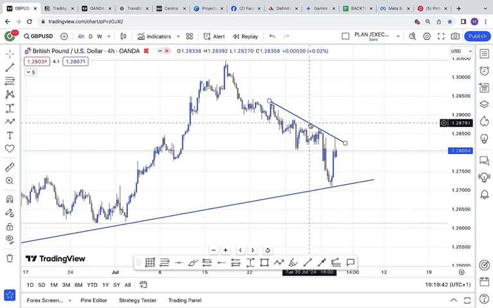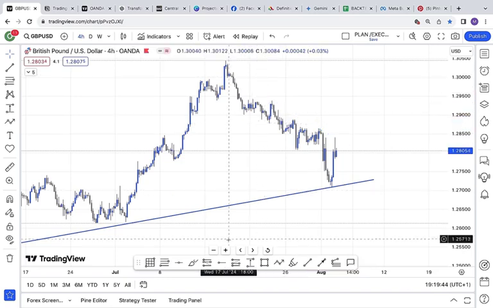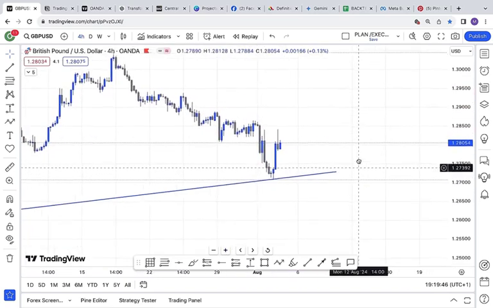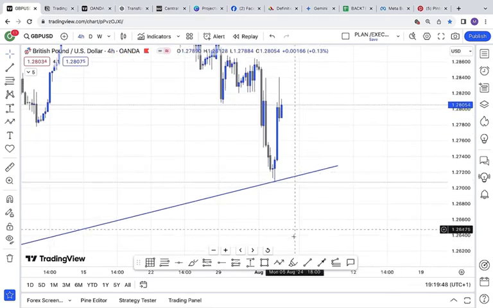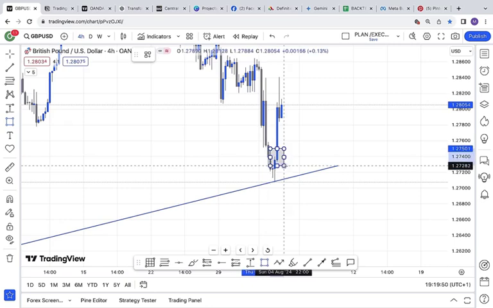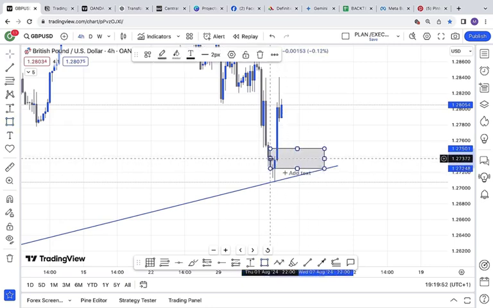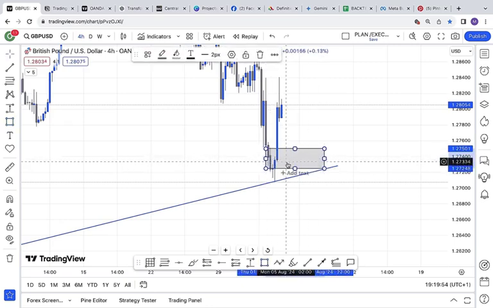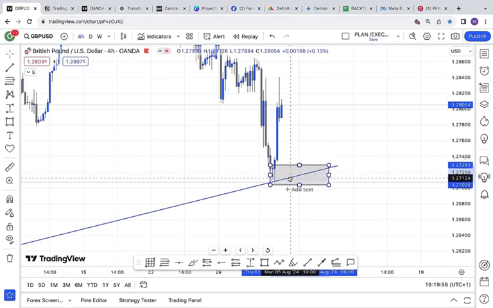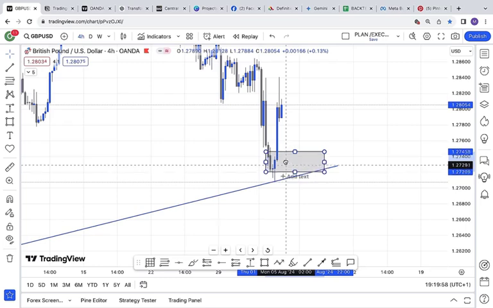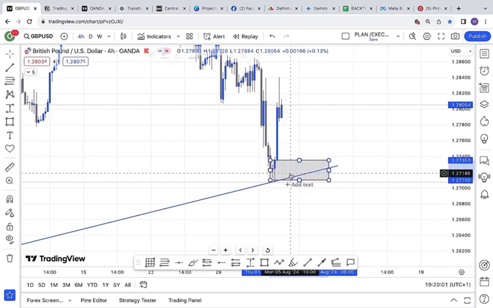On the GBPUSD, if we look closely again, we find out that price is here to mitigate this demand zone. So I'll be looking at price playing at this demand zone, or either this or this area.